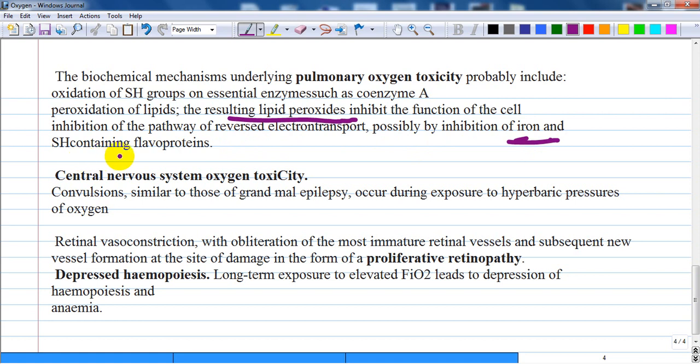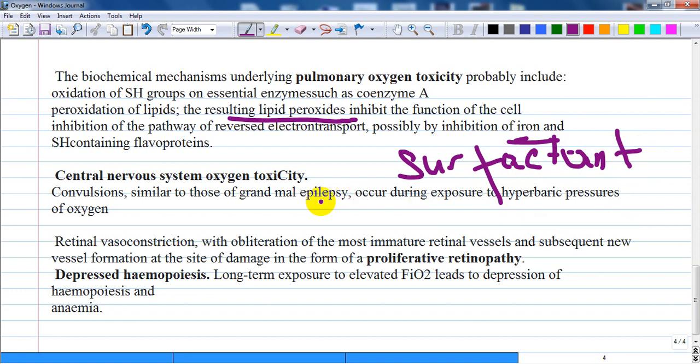These changes lead to the loss of synthesis of pulmonary surfactant, encouraging the development of absorption collapse and alveolar edema.